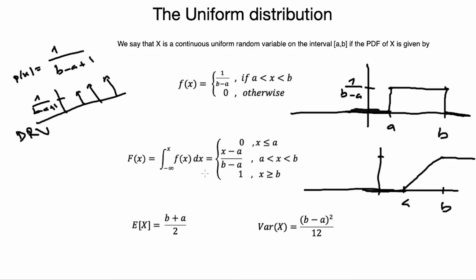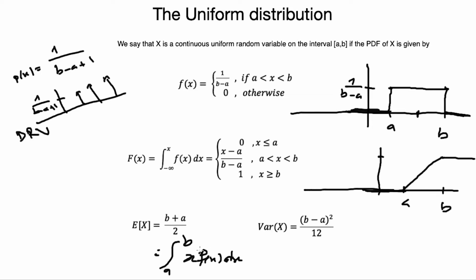When x is a uniform random variable, its expectation or its mean is given by (b plus a) over 2. It will be between a and b, and we can get it easily by integrating from a to b of x f(x) dx.